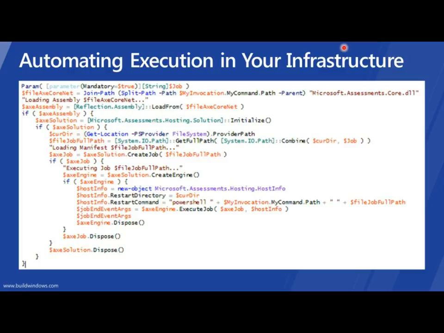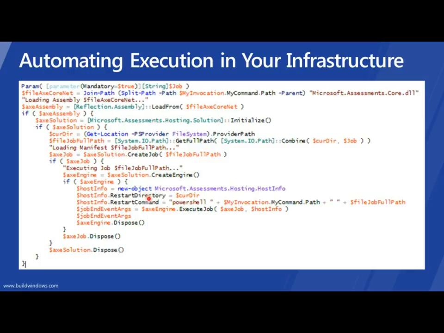The first thing you have to do is load the managed runtime and solution APIs from Microsoft Assessments Core DLL. Once you have that loaded, you can initialize the solution, and from the solution, you can create a job from a file, as well as create an engine from the solution directly to execute that job.